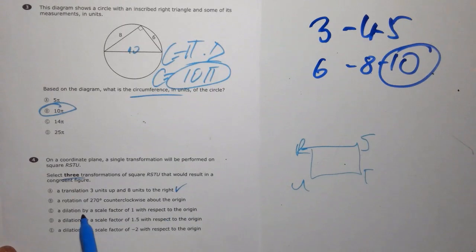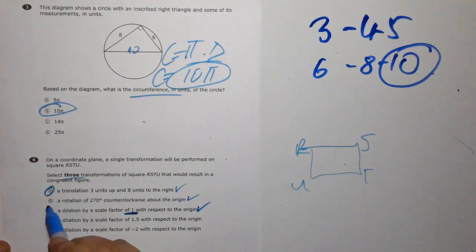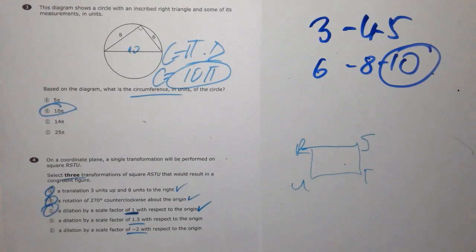A rotation, sure. Dilation, let's see. Maybe a dilation by a scale factor of 1, which means you are not changing anything. So your answers are A, B, and C. Dilation of 1.5 changes my size, and negative 2 is still changing my size.